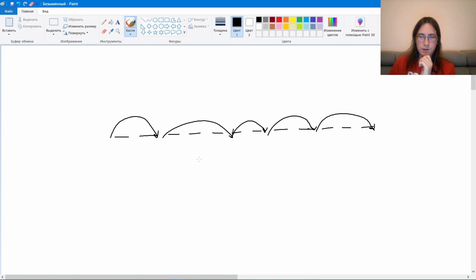We need to define the price of a jump. You see, we do jumps. Instead of the price for every element, let's define the price for a jump. So when we do a jump, let me draw it once again.